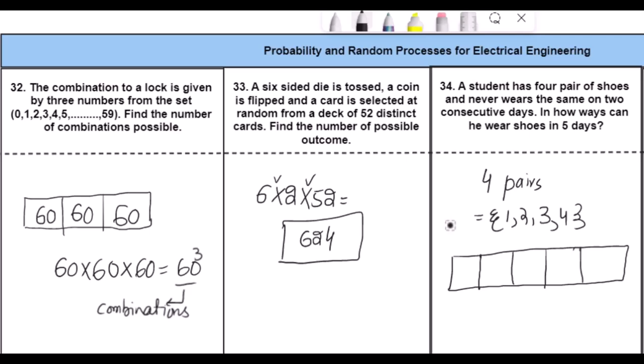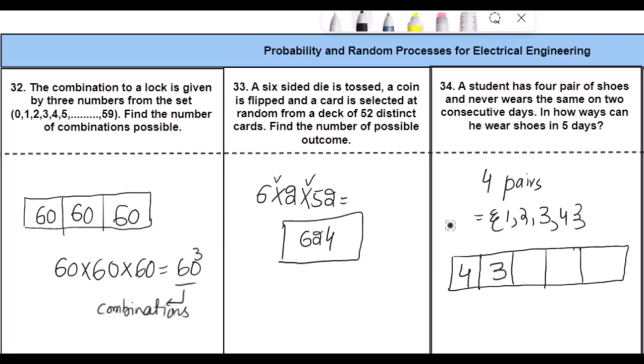So in the first day, how many choices does he have? He has the full 4 choices, out of 4 he has to pick one pair of shoes to wear on that day. The day after it, he will not use the same pair he wore the previous day, so the number of choices would be 3.